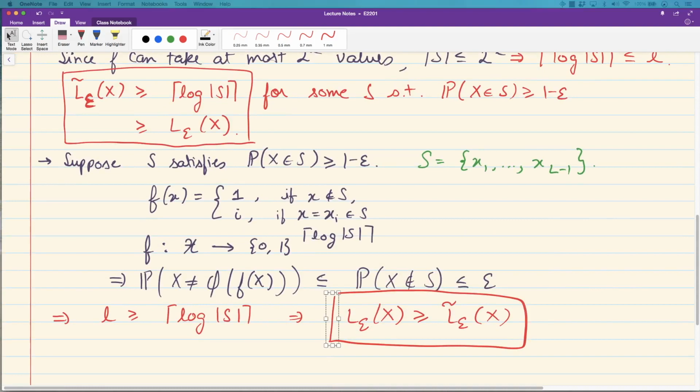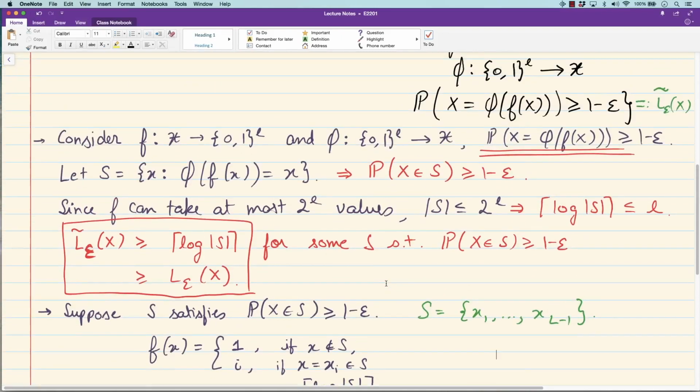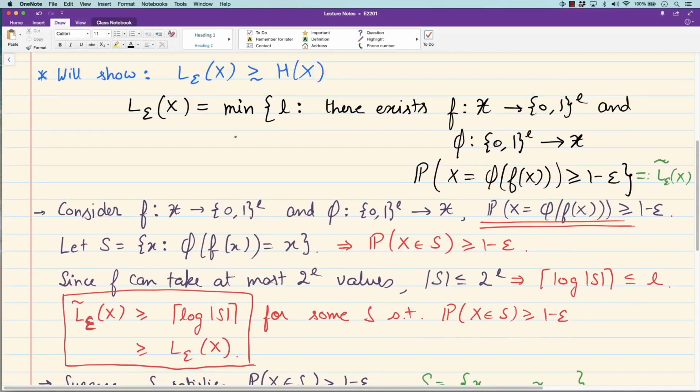And that basically completes the proof that this guy is also another expression for L epsilon tilde x. Okay, so this looked like something different from what you wanted to show, but I thought I'd complete this proof also. It's a small technical step which is needed to proceed. All right, so we can work with L epsilon x or L epsilon tilde x, doesn't matter. We'll work with this guy for the lower bound.